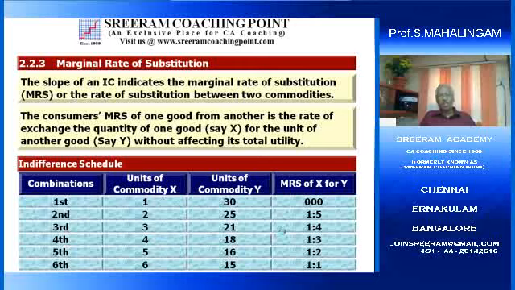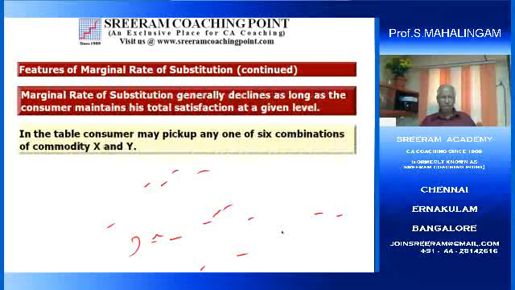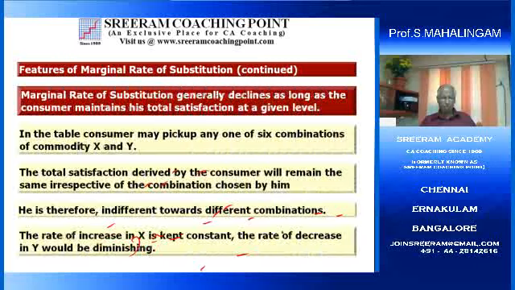What is the additional unit obtained? Only 1. Whereas the additional units sacrificed in respect of Y gradually go from 5 to 4, 4 to 3, 3 to 2, and so on. So this is one of the features of the marginal rate of substitution.